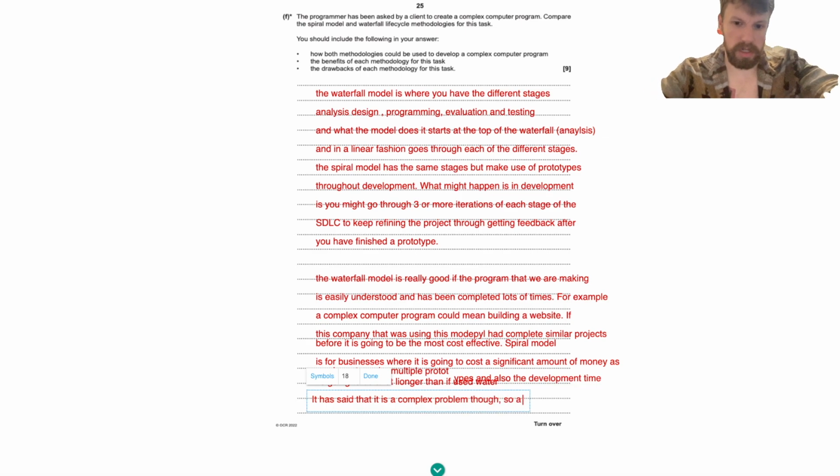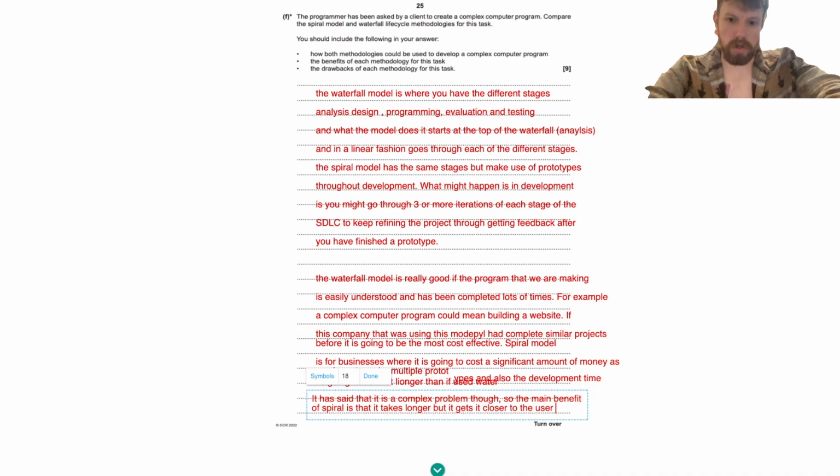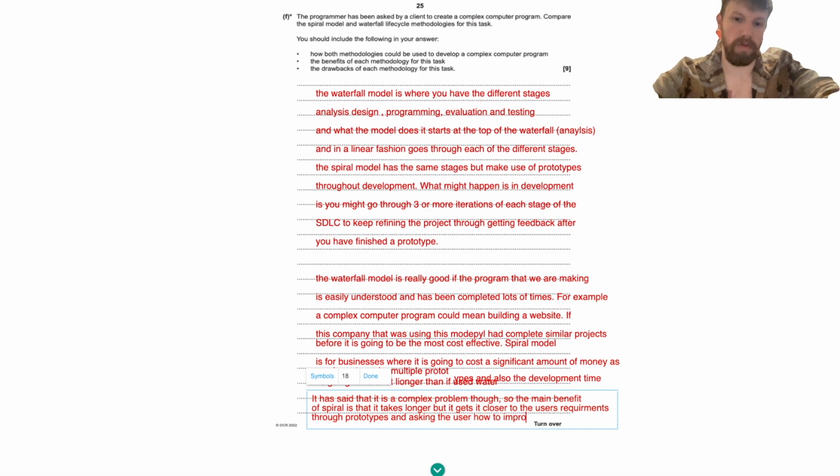So the main benefit of spiral is that it takes longer, which isn't a benefit, but it gets it closer to the user's requirements through prototypes and asking the user how to improve each prototype.